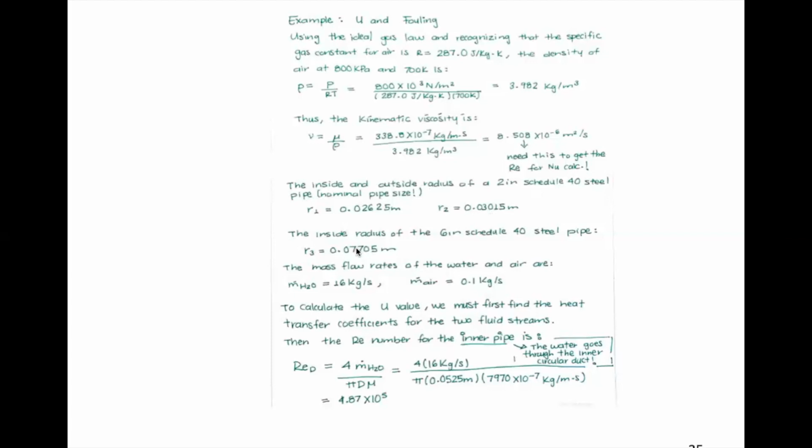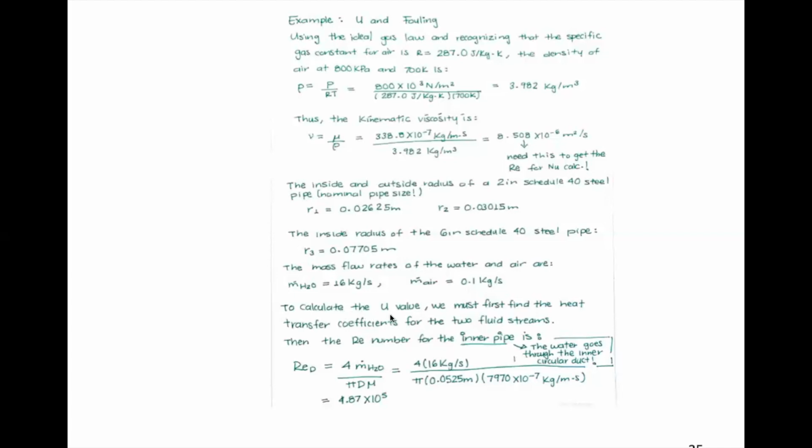Now, the inside radius of the bigger pipe, the 6-inch Schedule 40 steel pipe, is 0.07705 meters. We are given the mass flow rates, so this is data from the example. For the water, we have a mass flow rate of 16 kilograms per second. For the air, 0.01 kilograms per second.